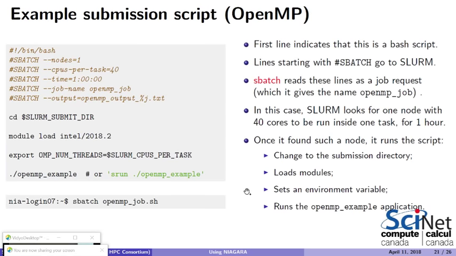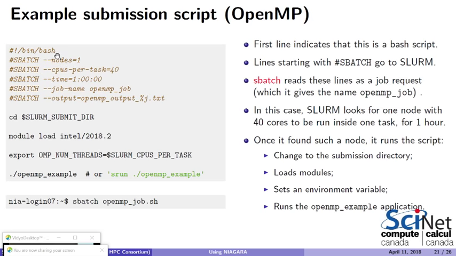Okay, it took a while to get here, but this is what a submission script should look like. This is an example for when you're running purely threaded code, so OpenMP in this case. The syntax of Slurm is a bit different from that of Moab and Torque that we had before. Instead of #PBS, you will see #SBATCH, and the names of the options are a little different. That's why I wrote them out in full. There are short versions too.